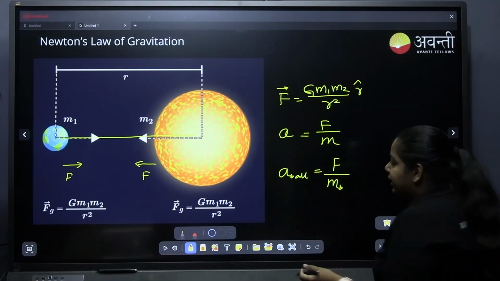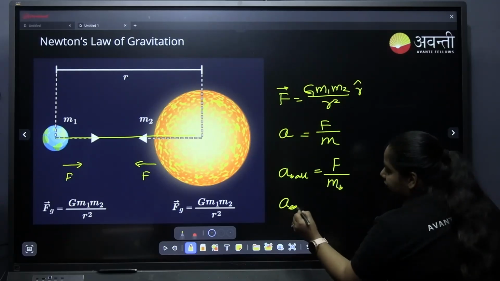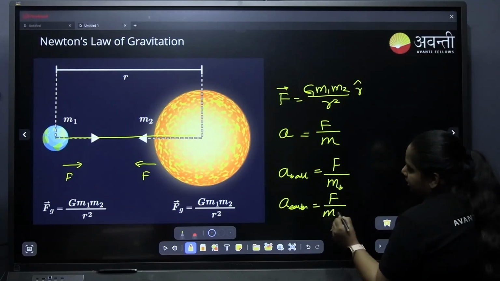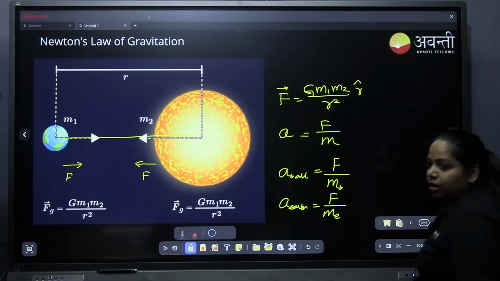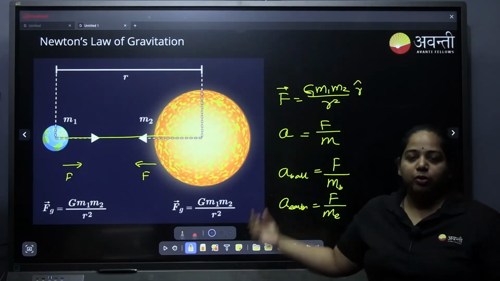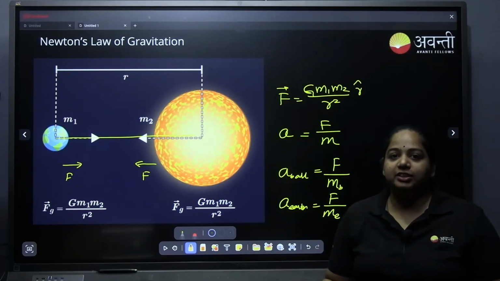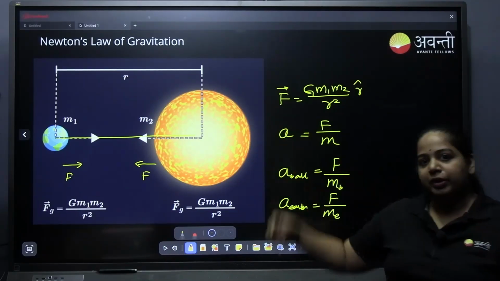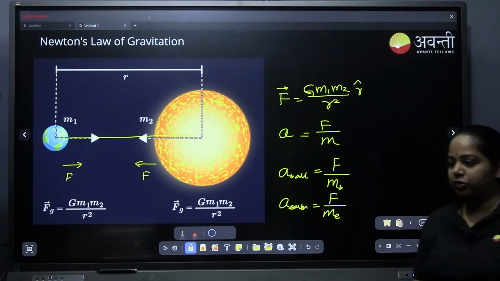Similarly, the acceleration of the earth will be force divided by the mass of the earth. Mass of the earth is really big, so compared to the acceleration of the ball, the acceleration of the earth is very negligible. That's why we don't see the earth moving towards the ball; the ball is coming towards the earth. I hope that is clear for all.